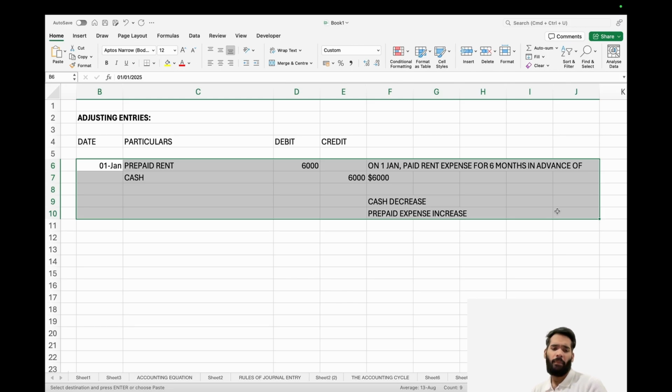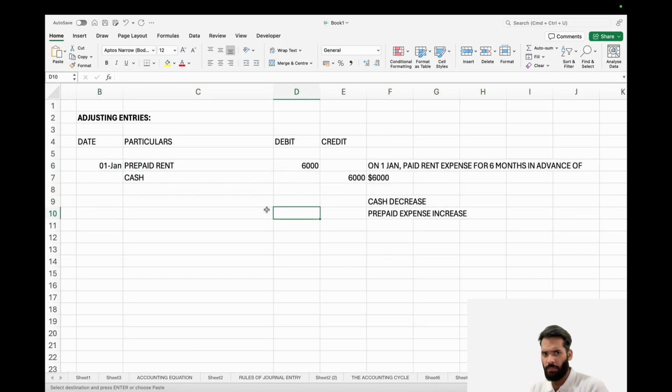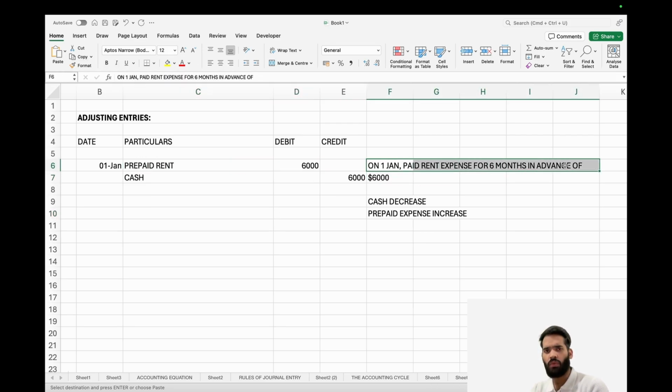And what will happen is, at the end of the year, when I prepare my reports like the income statement, balance sheet, the prepaid rent of 6,000 will show in my balance sheet under the asset section. However, if you think about it, it should not show prepaid rent as 6,000 by the end of this year. Why? Because we paid rent for 6 months in advance. It would have been used by then, right?